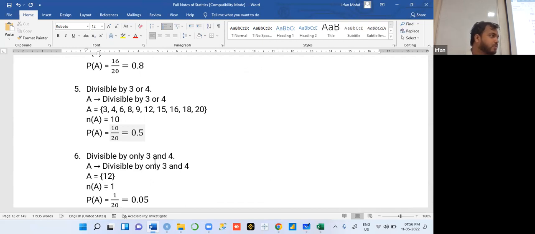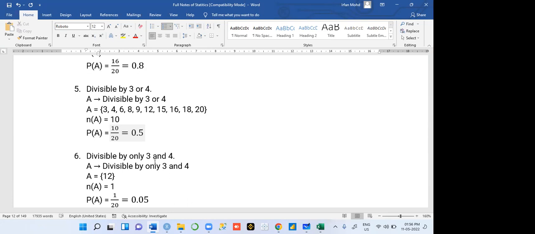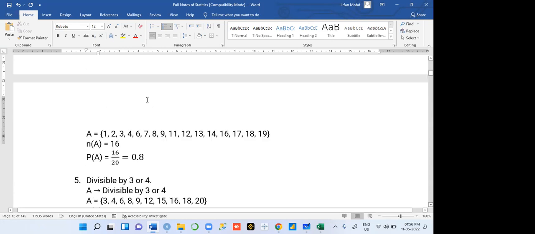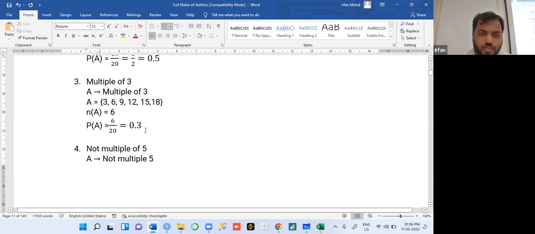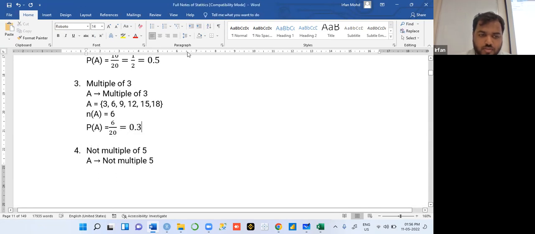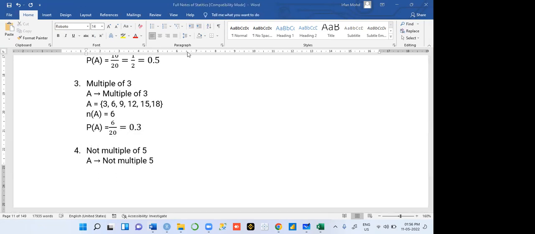Swapnali, did any help? Shubham, did any help? Sir, once please tell the third and fourth, I wanted to cross-check. Third answer and fourth. Third one is 0.3. Take your time.